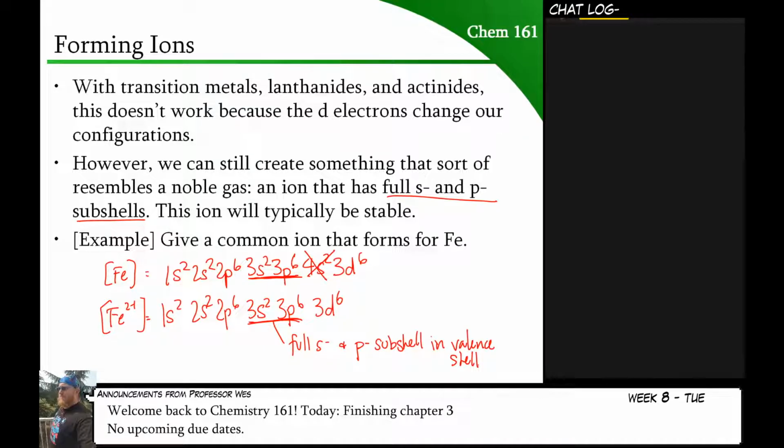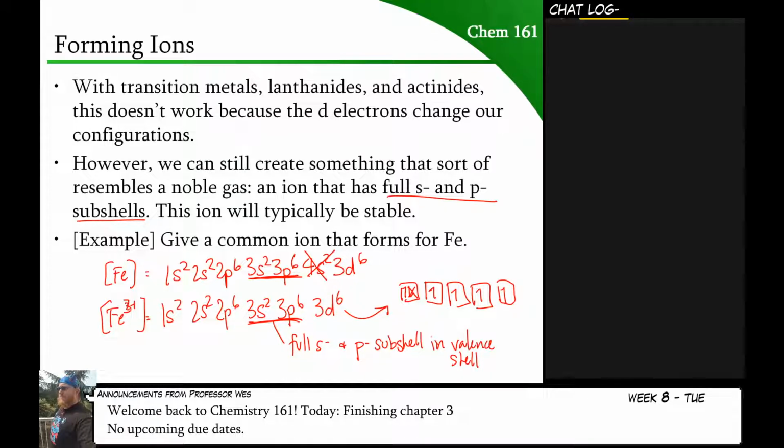So, for example, iron 2 is very common. Now, if I look at my d electrons like this, and I go, well, having one of these paired seems kind of silly. Why don't we just get rid of that one and make this iron 3+? And iron 3+ is also very common. In fact, it's the most common.